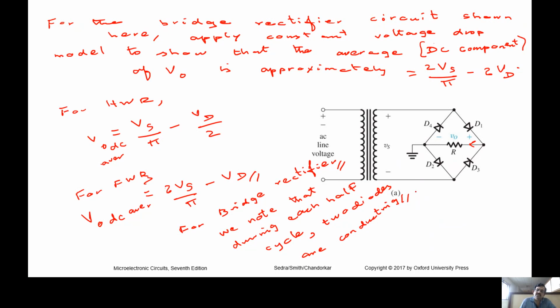So the voltage drop is the only parameter that changes in comparison to the others.